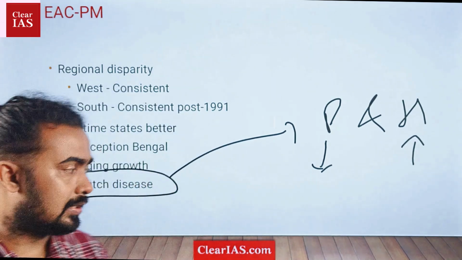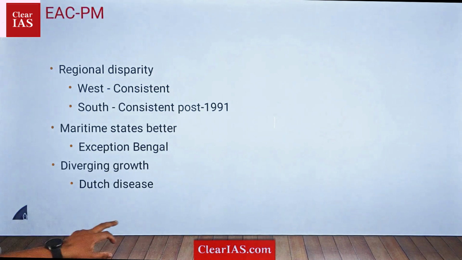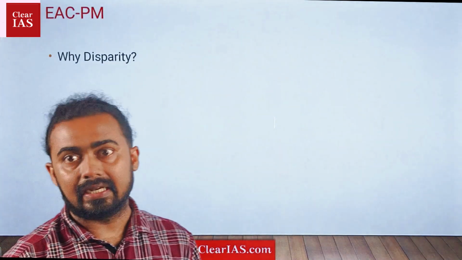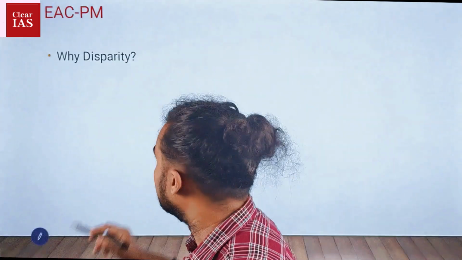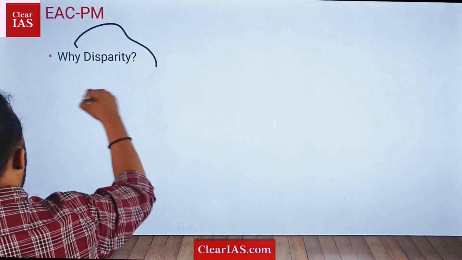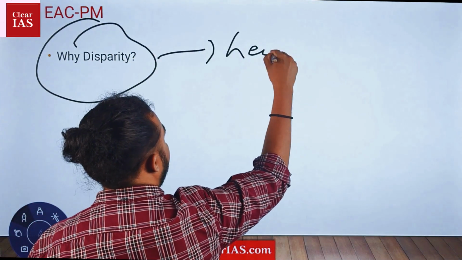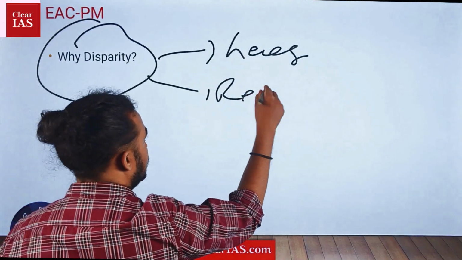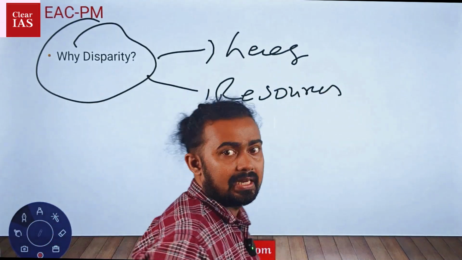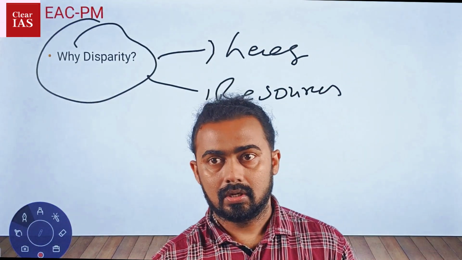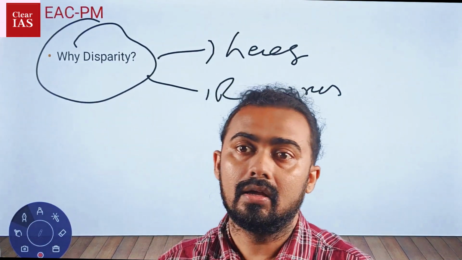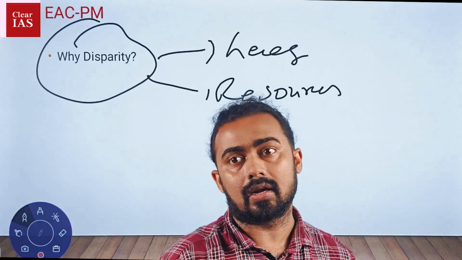And last but not least, in this topic, we have to understand why this disparity exists in India between different states. Of course, there are a lot of different reasons. One is definitely geography, and second is definitely resources. Every state is not blessed with all kinds of resources. A state like Tamil Nadu may not be that rich in coal, just like Jharkhand, right?